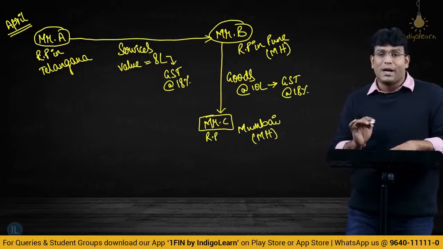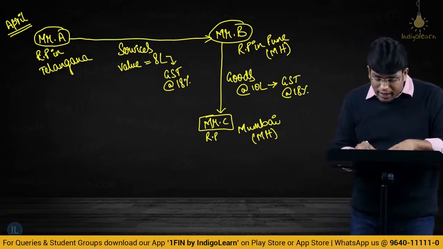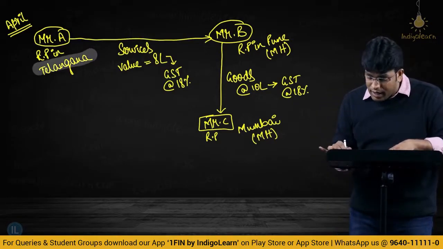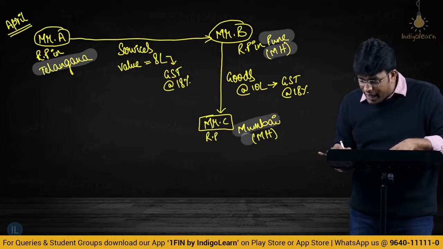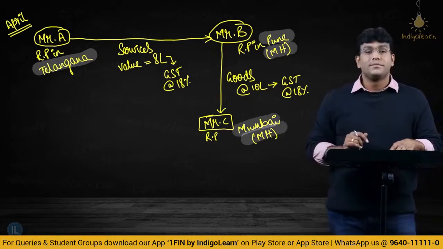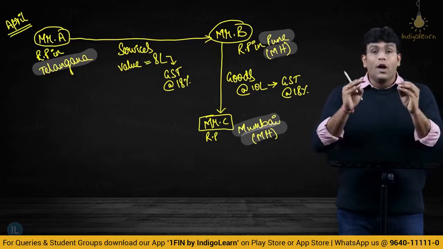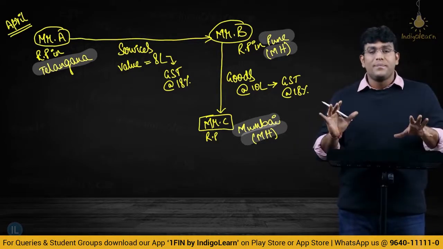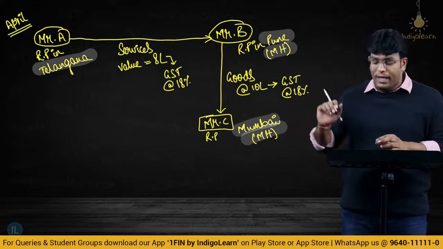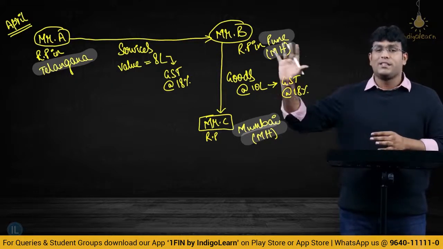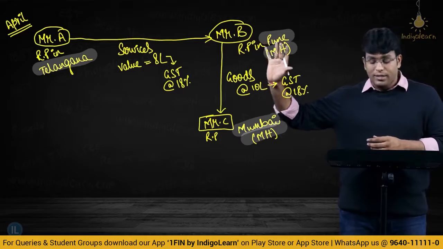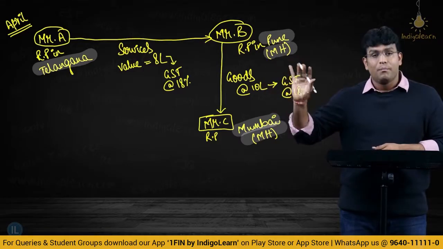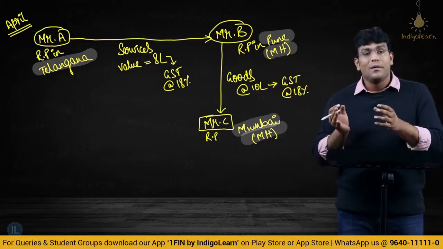So you have to observe very clearly that A is in Telangana, B is in Pune, Maharashtra, C is in Mumbai, that is also a part of Maharashtra. So now, please understand, there are three people: one supplier called A, one supplier called B, and one person called C. A is supplying to B, B is supplying to C. A is where? Telangana. B is where? Pune. C is where? Mumbai.